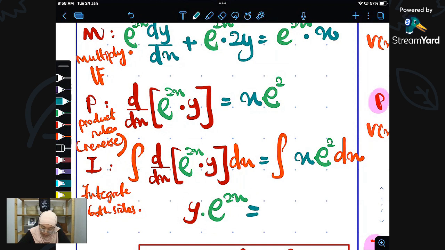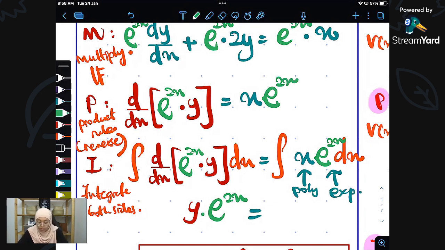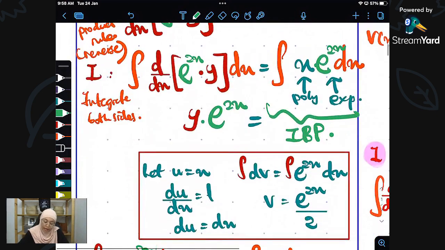And then on the right hand side here, this seems familiar. This is polynomial. This is exponent. Therefore, I can't use substitution method. It doesn't work here. Substitution method doesn't work here. Therefore, I can use IBP. I need to use integration by parts. And so I have done my let U and let DV here.